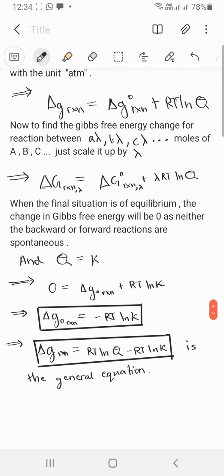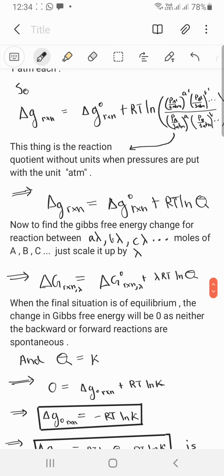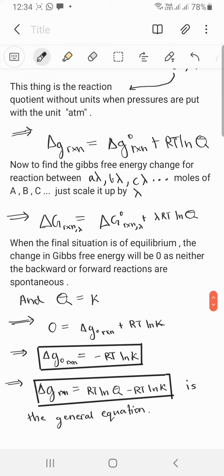Now to find the Gibbs free energy change for the reaction between a lambda, b lambda, c lambda moles of A, B, C, just scale it up by lambda. So this equation is just multiplied by lambda, and then delta G reaction times lambda is delta capital G reaction lambda, and delta G standard reaction times lambda is delta capital G standard reaction lambda, right?